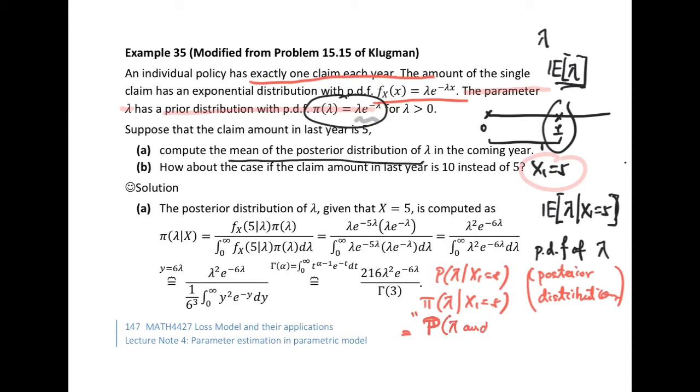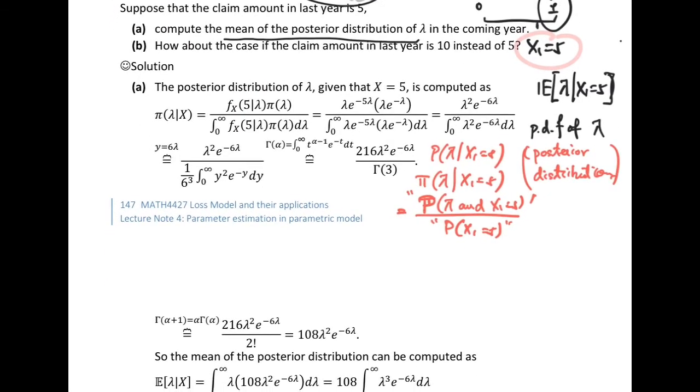The numerator is the probability of lambda and S1 equal to 5, and the denominator is the probability that S1 equals 5. Here I use a slightly informal notation.